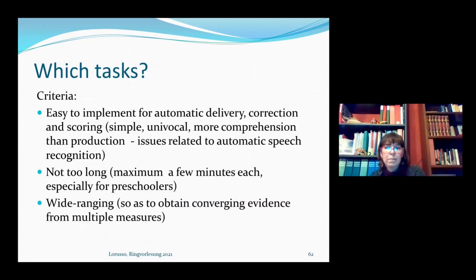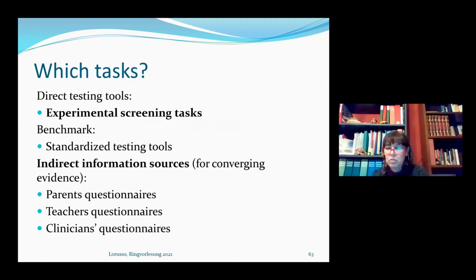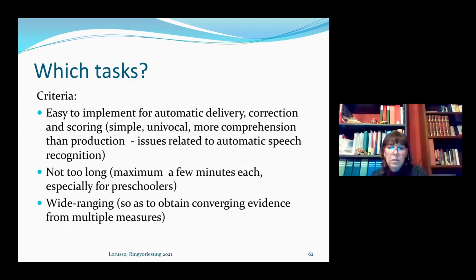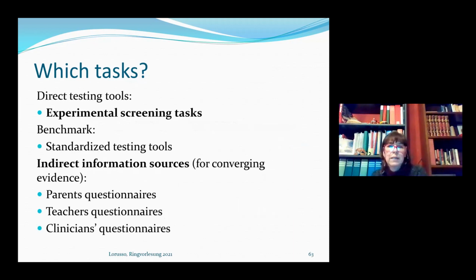We built the tasks that are now implemented in a platform. They had to be easy to implement, and for them, automatic correction and scoring had to be possible, not too long, and wide-ranging, so as to give converging information and evidence to make conclusions more reliable.